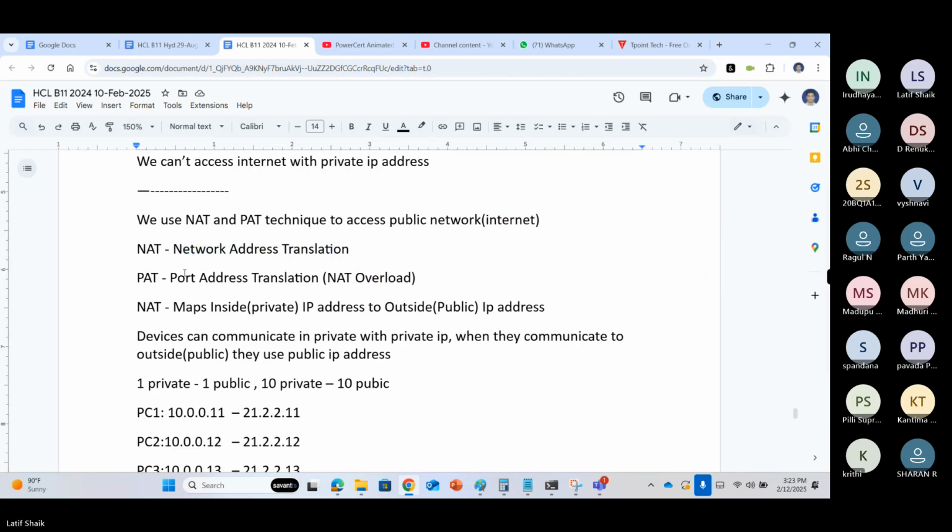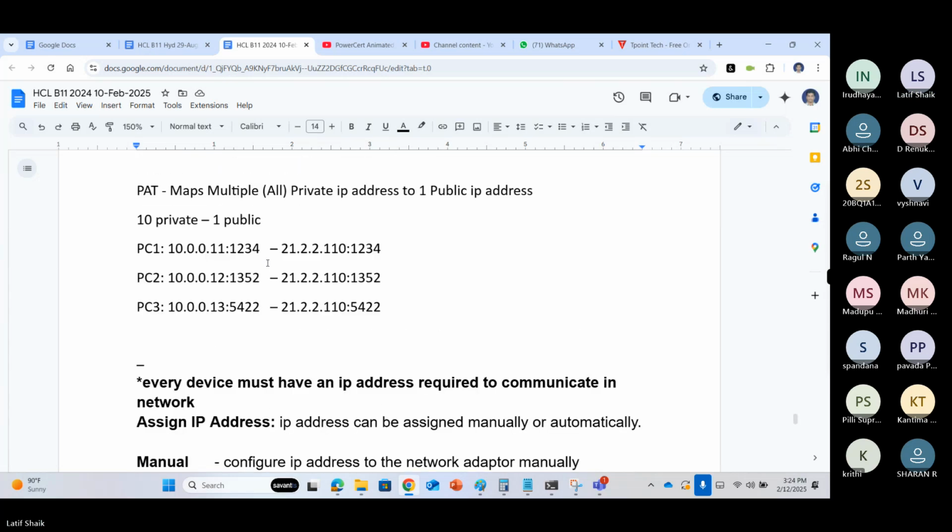The thing is, in your home or office, you have a larger number of devices, meaning more private IP addresses. For example, in my home, I have two laptops, maybe a TV, two mobile phones, one tablet, like that.